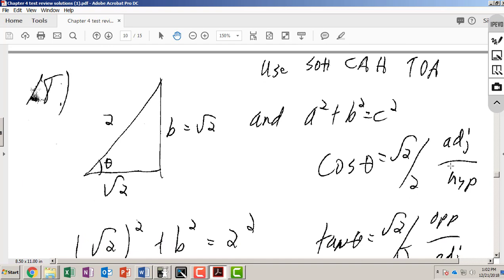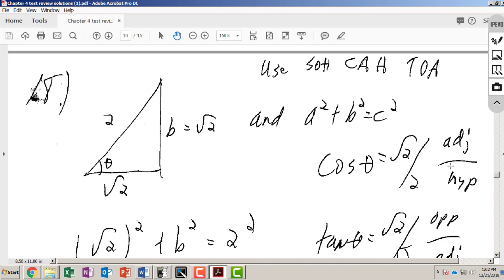Okay, number 18. It says sketch a right triangle corresponding to the trigonometric function of the acute angle theta. Use the Pythagorean theorem to determine the third side and then find the indicated trigonometric function of theta. So here's my original problem.